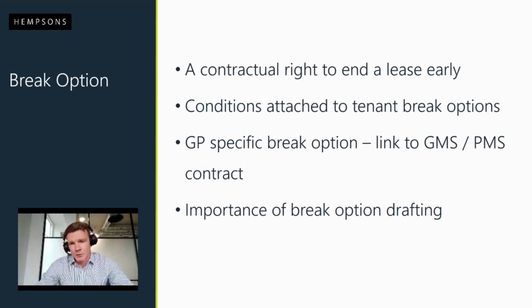And in a landlord and tenant context, a landlord has an expectation, or at least a hope, that they would be receiving a certain level of rent for a certain period of time. If that is now coming to an end somewhat unexpectedly because of the loss of the GP contract, then you can imagine a landlord is incentivized to find any and all arguments to suggest that the break option is invalid.